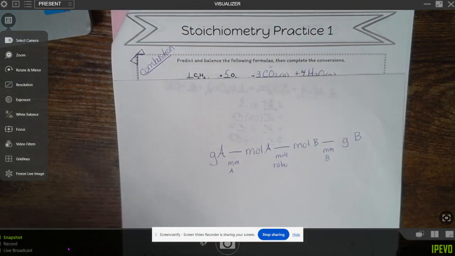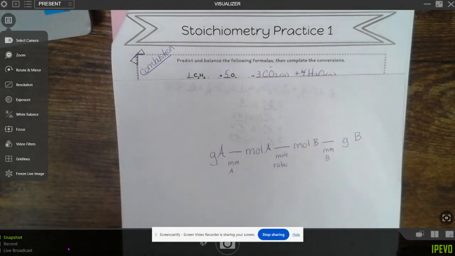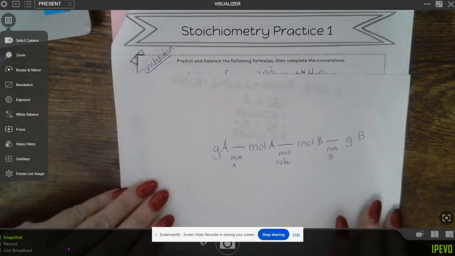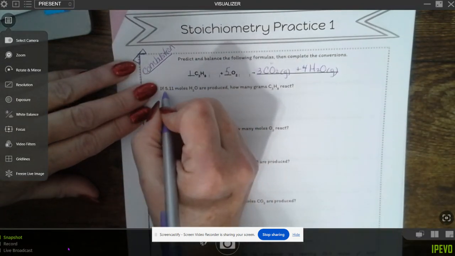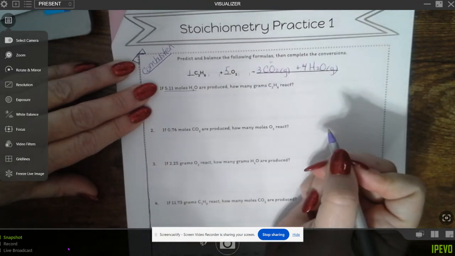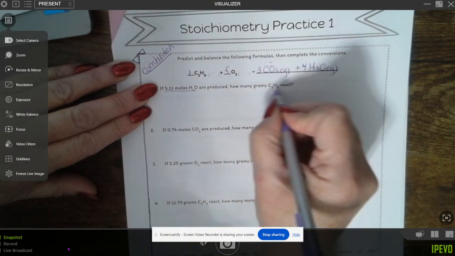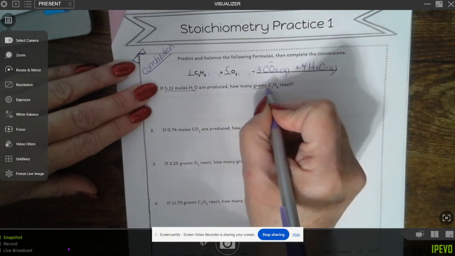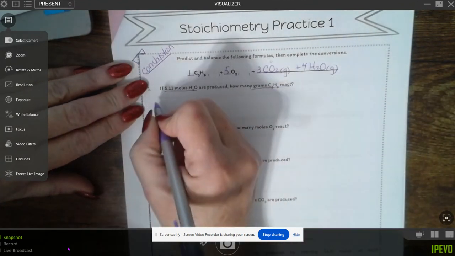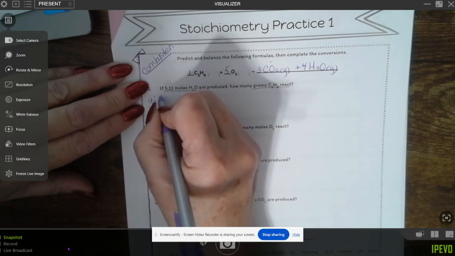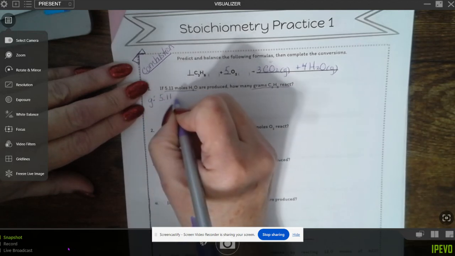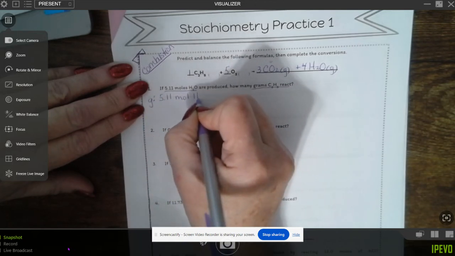But if you've practiced this, it shouldn't be a problem. Okay, so let's look at our problem. Our question is, if 5.11 moles of water are produced, how many grams of C3H8 react? So my given is 5.11 moles of H2O.